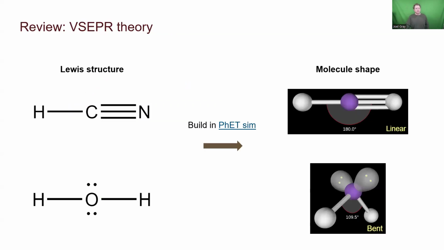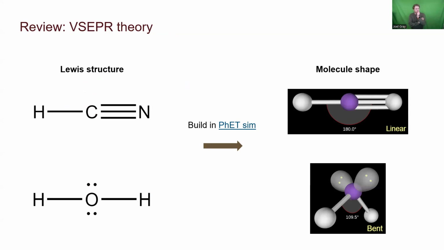Now, when we look at these different molecules, these are great model molecules to ask yourself the question, is this a polar molecule or not? And the great thing is that we can classify a bond as being polar or nonpolar based on the electronegativities.